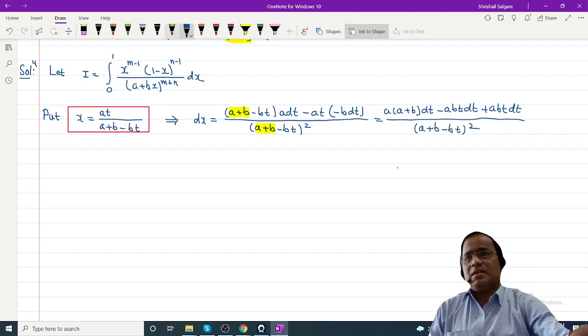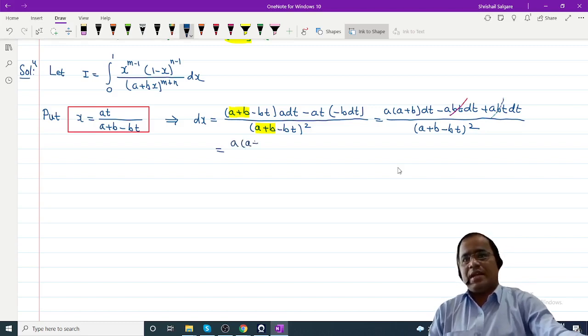So here you can cancel minus abt and plus abt. So the remaining, dx is given by a into a plus b times dt divided by a plus b minus bt, its bracket square.